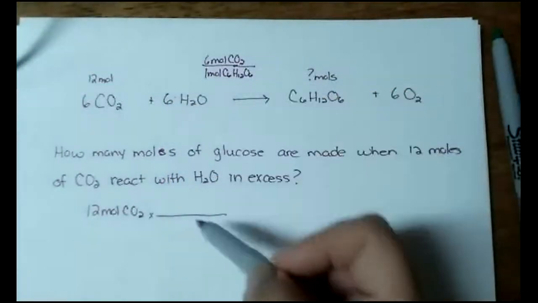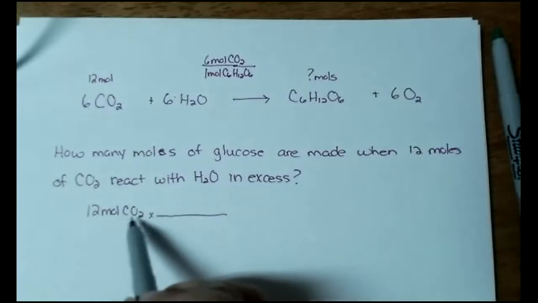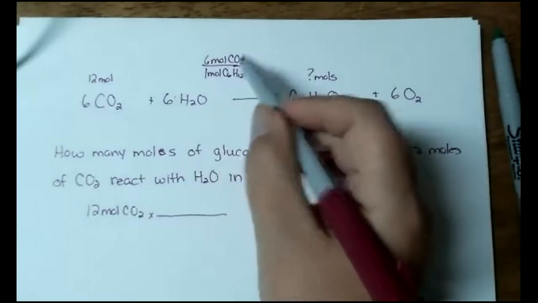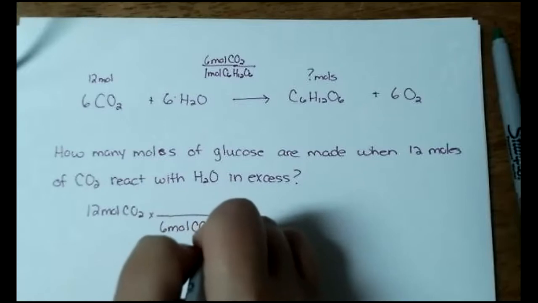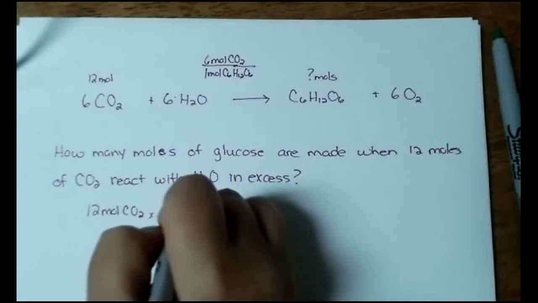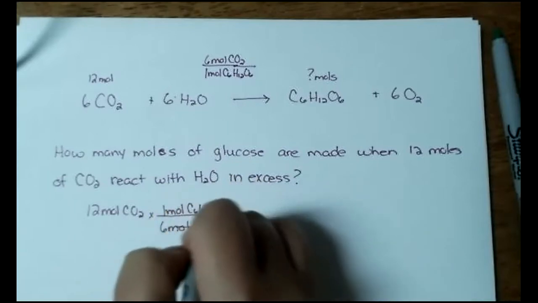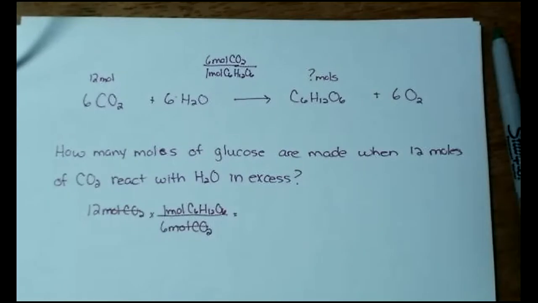So I need to put this into my problem, but I need to get rid of CO2. So to do that, 6 moles of CO2 must go on bottom. And then that makes the 1 mole of glucose go to the top. So now I can cancel this out.